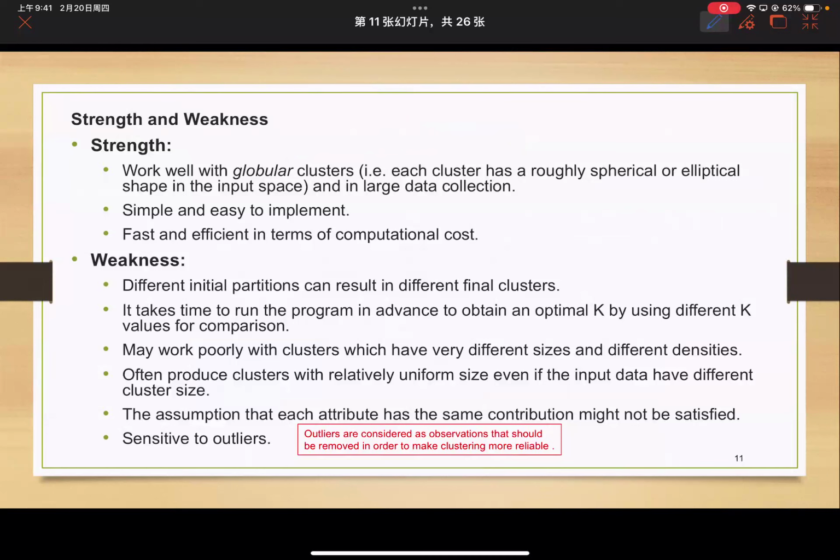Yeah, then let's have a look at the strengths and weaknesses of this k-means method. So firstly, it works very well with globular clusters. So what does globular clusters mean? It means it looks like a circle.